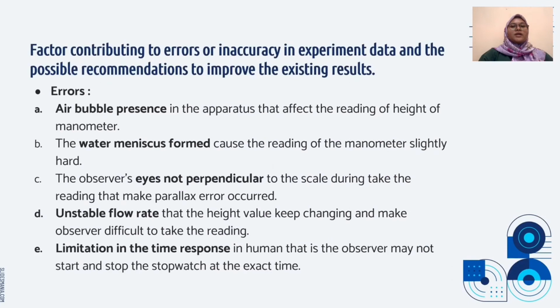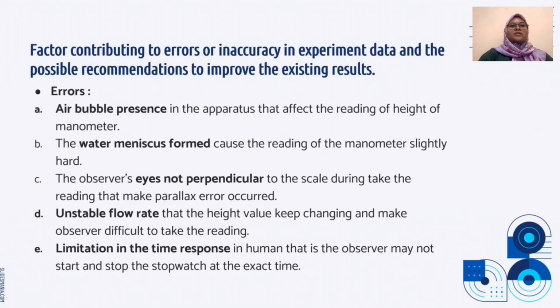The last question in this discussion is the factors contributing to error or accuracy in the experiment data, and the possible recommendations to improve the existing result. The errors I found: a bubble present in the apparatus affects the reading of the height of the manometer.